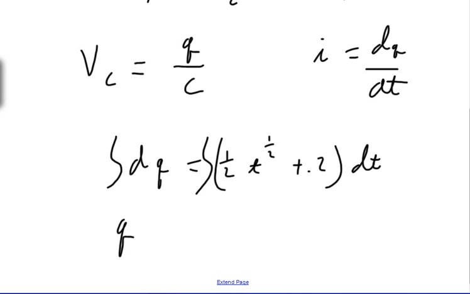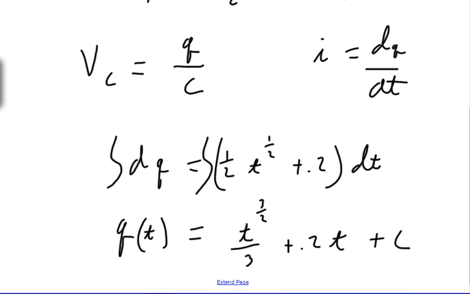So the charge at t is going to have to be t to the 3/2 divided by 3 plus 0.2 t plus some constant of integration C.